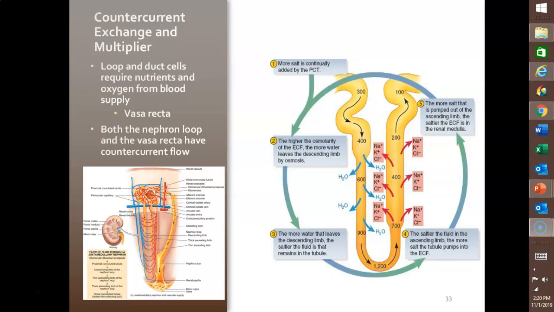So a lot of water now is being lost from the tubular fluid. Less water is being retained in the collecting duct, and so that filtrate, which is now becoming urine, is going to be very, very concentrated. Less water will be excreted.